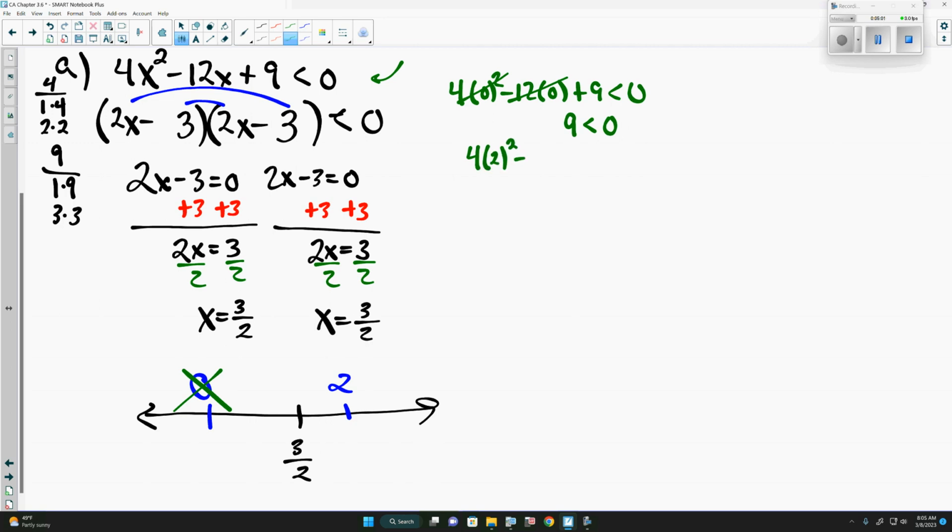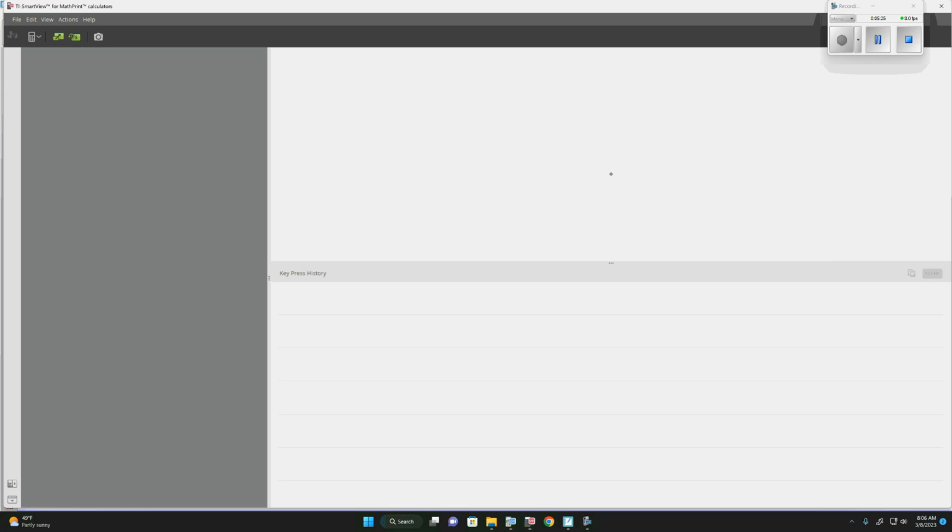We can do the exact same thing with 2. 4 times 2 squared, minus 12 times 2, plus 9 less than 0. Now at this point here, you don't have to do this by hand. We can plug this whole thing into the calculator exactly as we have it and see what we get. So I'll pull the calculator up here.